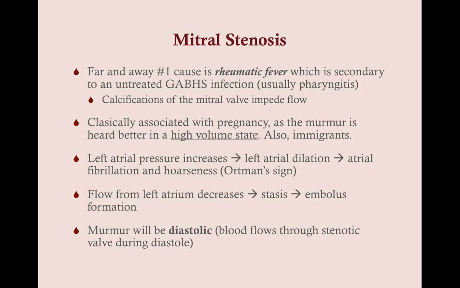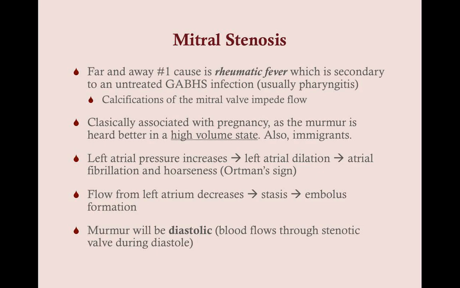Because she's got a high volume state, more blood that needs to be pumped through the heart, now you're starting to appreciate this murmur, or she may even have some symptoms consistent with CHF that developed with the pregnancy. Remember, pregnancy is a high volume state. The plasma volume increases pretty significantly. So look for this to present in either a pregnant patient or an immigrant patient.